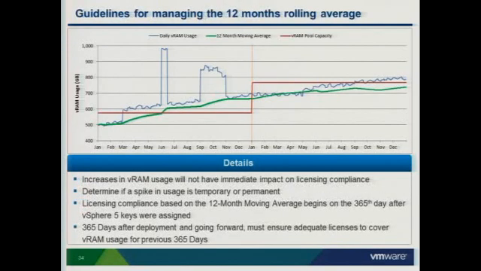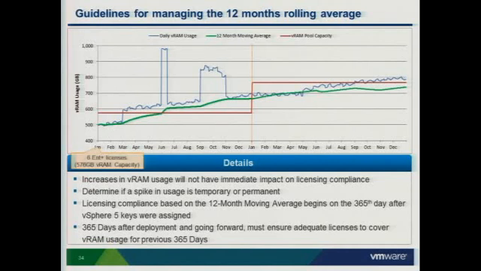And so with the help of this example here at the top, I'd like to review a few guidelines to take into account when you're planning for your monitoring of your licensing for vSphere 5.